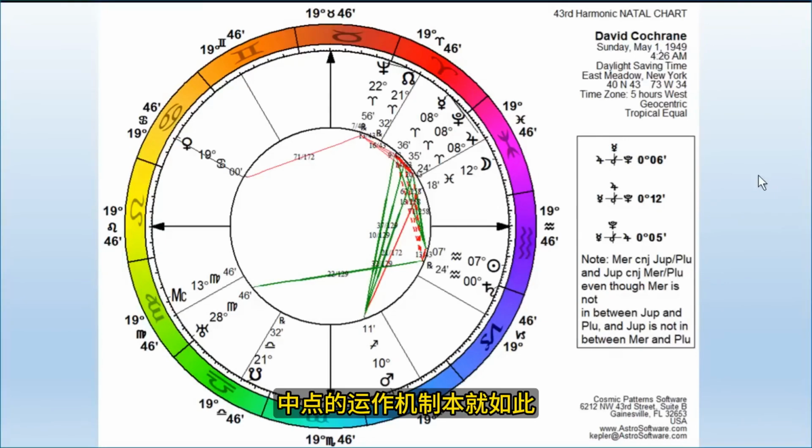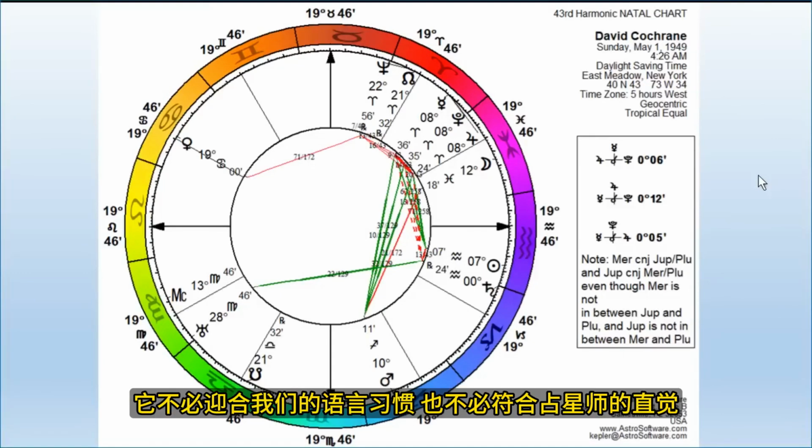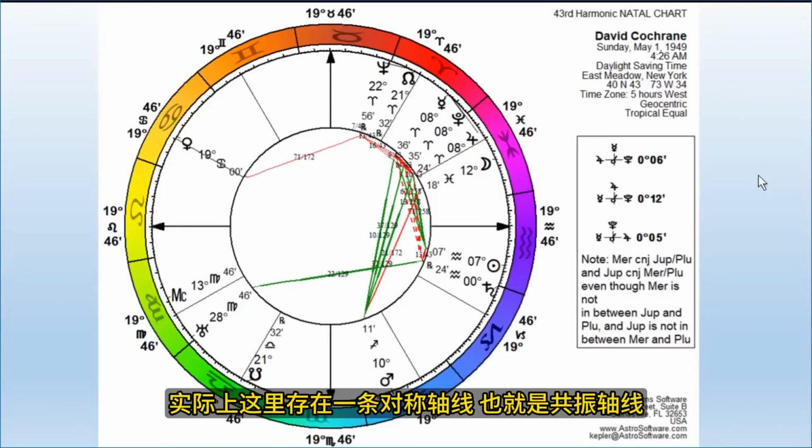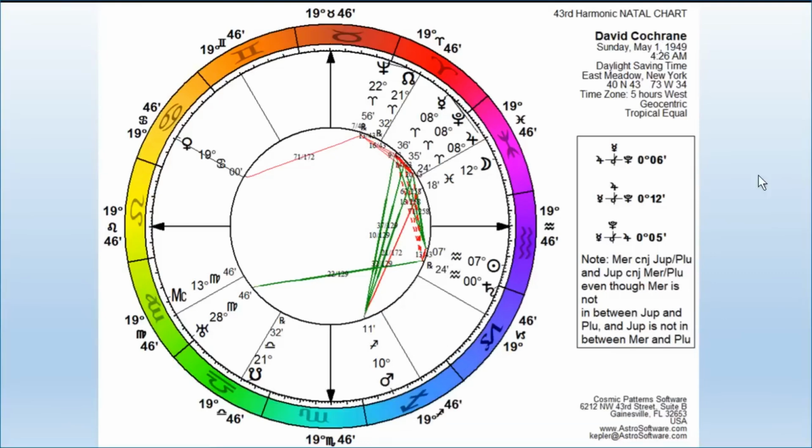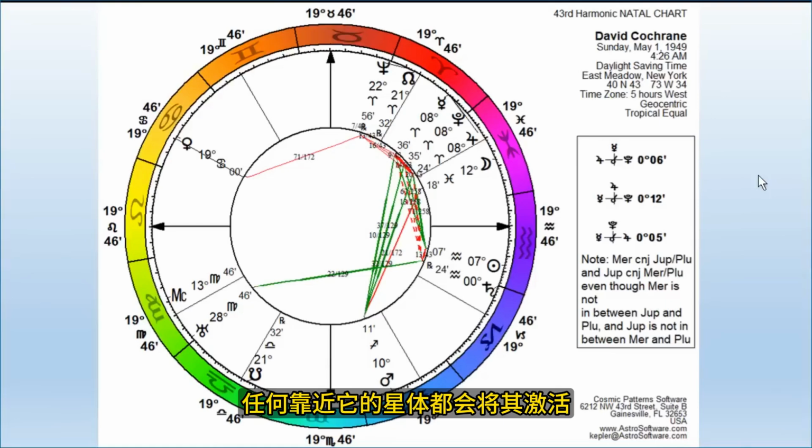So the way that midpoints work is the way that they work. It doesn't have to conform to our language or whatever any one particular astrologer's intuition is. What seems to be happening is that there is this line of symmetry, this line of resonance where anything close to that line is going to activate it.